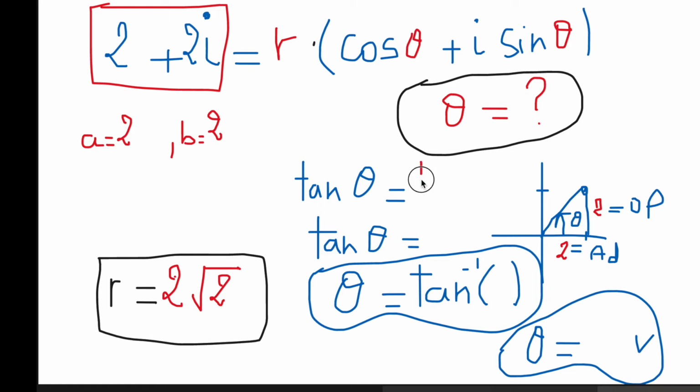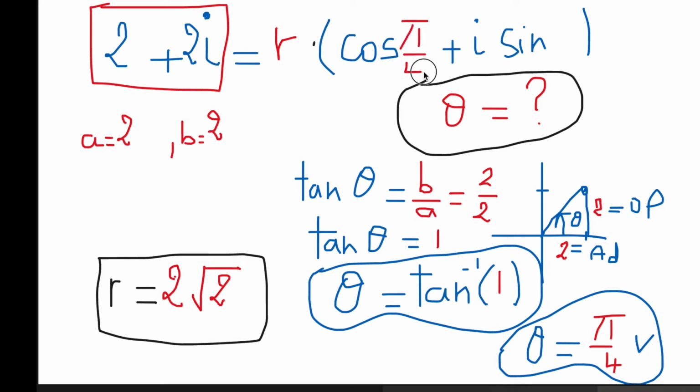Calculate tangent theta, opposite over adjacent, B over A, which is 2 over 2. Simplify to get tangent equal 1. Tangent inverse of 1 equals pi over 4. So cosine pi over 4, sine pi over 4. And R is 2 square root of 2. And that's your polar form.